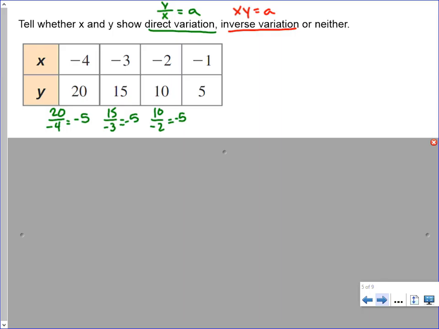You think we're on to something here? Yeah. 5 divided by -1 is -5. Since they all came out to be -5, that means y over x equals a constant. So that's what type of variation? Direct.